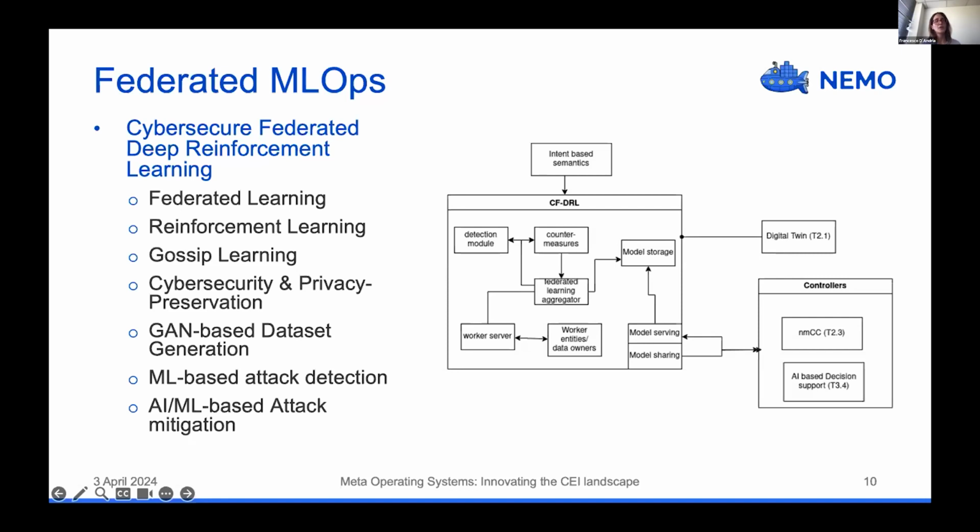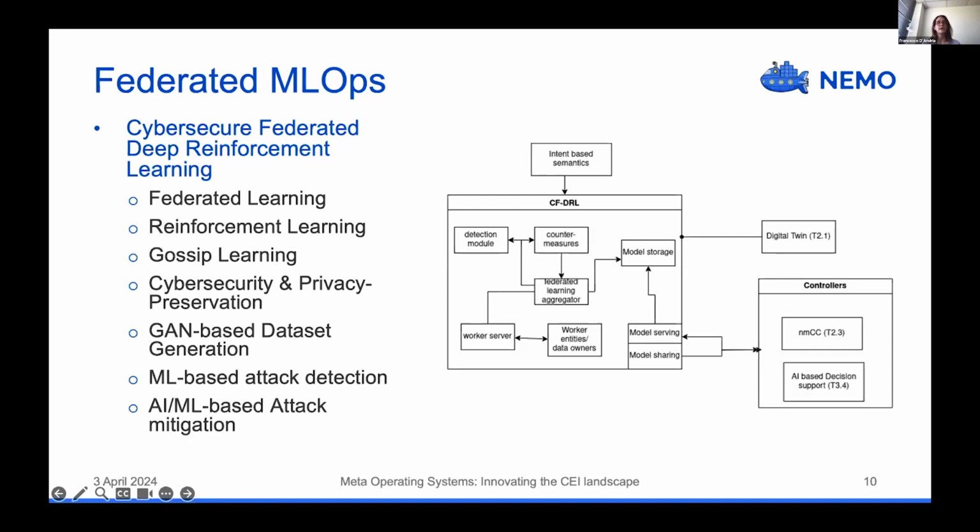We also provide some contributions around cybersecurity and gossip learning, which is a type of distributed and non-centralized learning. And also several contributions around cybersecurity and privacy preservation, focused on federated learning.